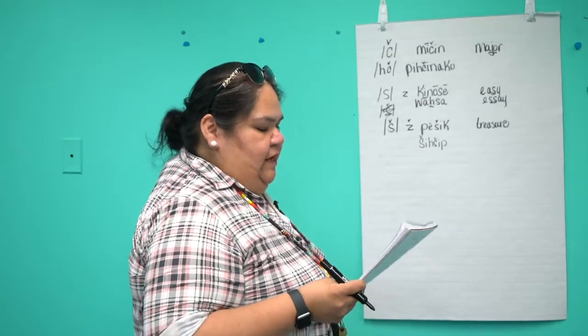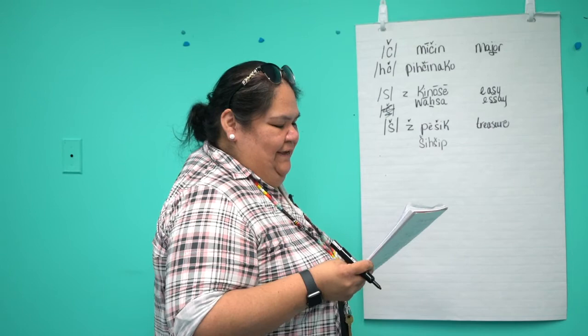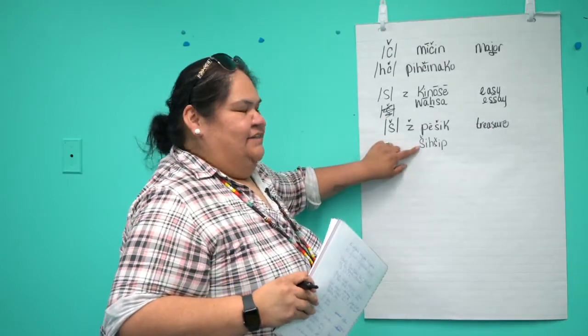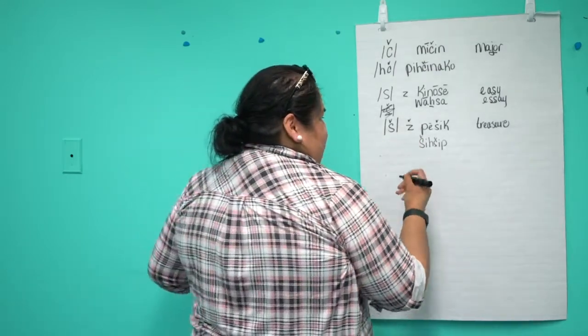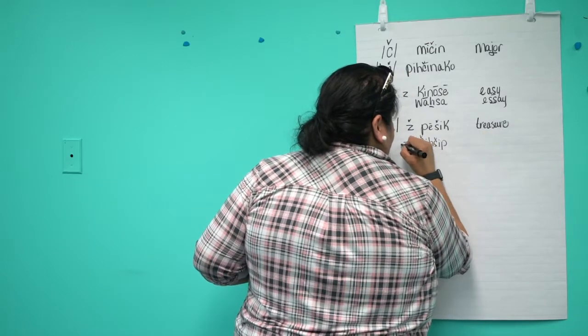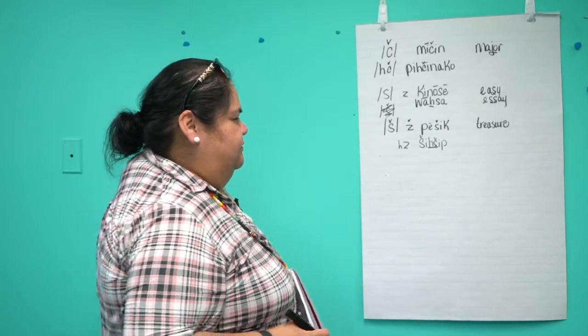Duck. Yeah, that's a duck. I have a funny story about that. Tell you later. Okay. See sheep. That H again makes it kind of like a Z sound.